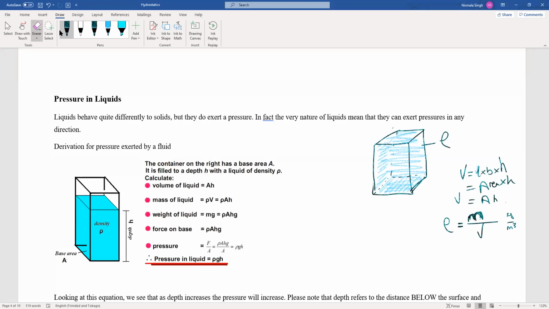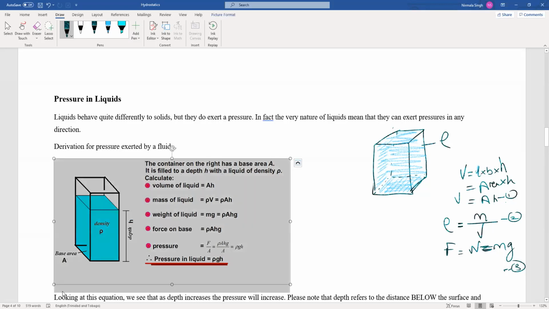So once we remember those two equations, we can start moving ahead. So this is equation 1. This is equation 2. And last one, we have force is equal to weight, and weight is equal to mass by gravity. These are the 3 equations that we have encountered already that we're going to use in this proof. So let's start doing the proof.